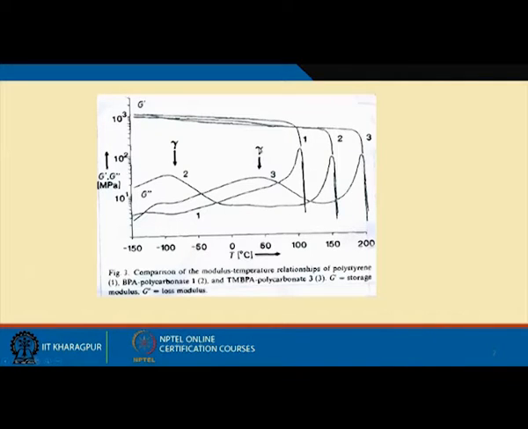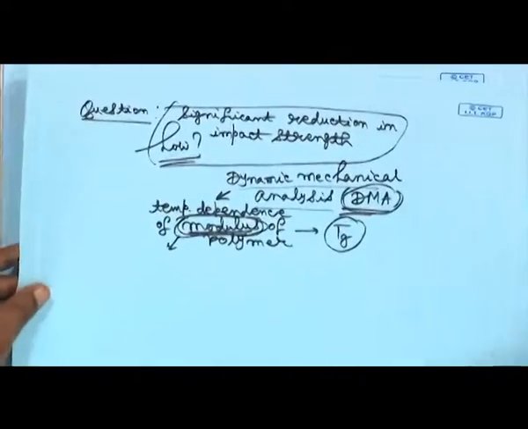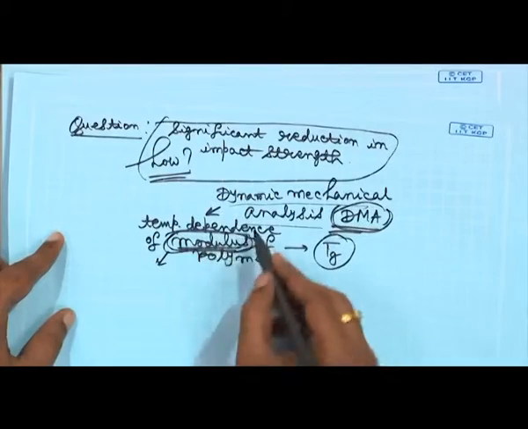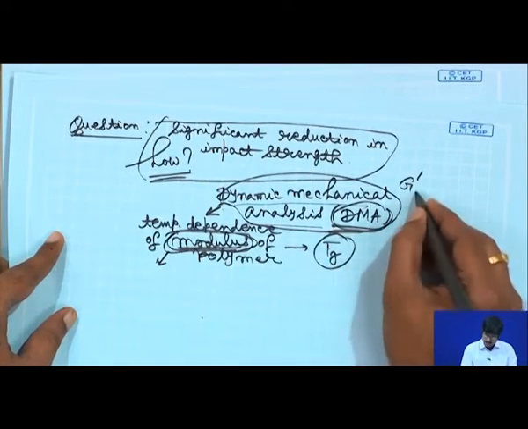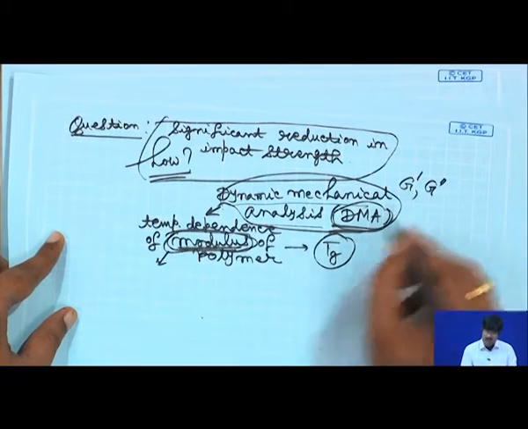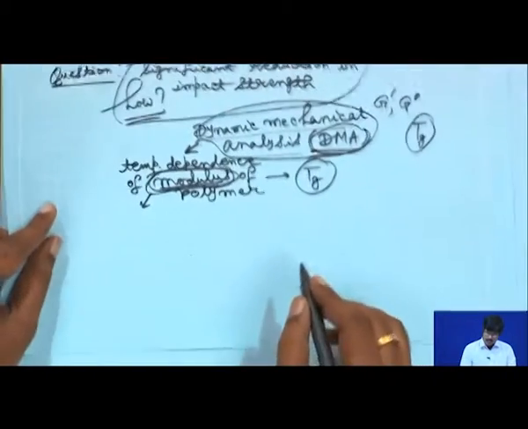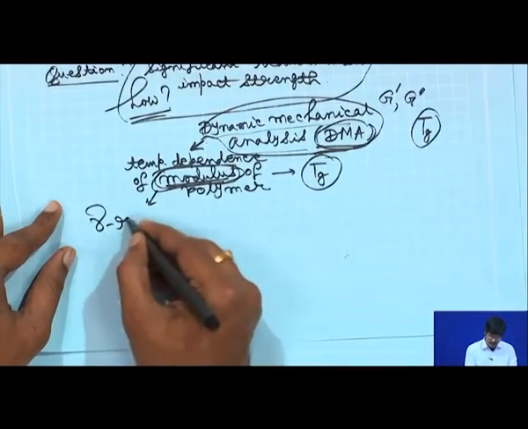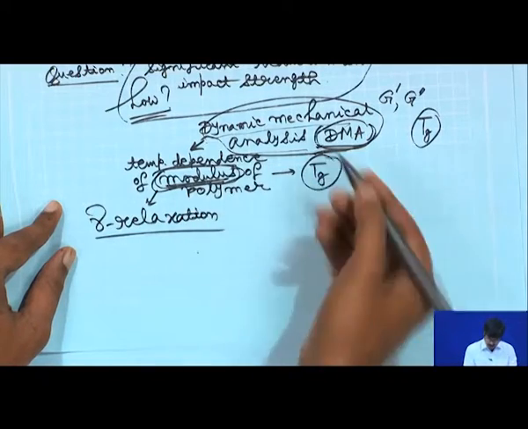Now, let us come back to our script and try to explain this a little bit further. What we have seen there is a result of dynamic mechanical analysis, where you plot both the elastic or storage modulus and the loss modulus as a function of temperature, which gives you an idea of Tg and also of gamma relaxation, involving maybe 2 or 3 atoms together.